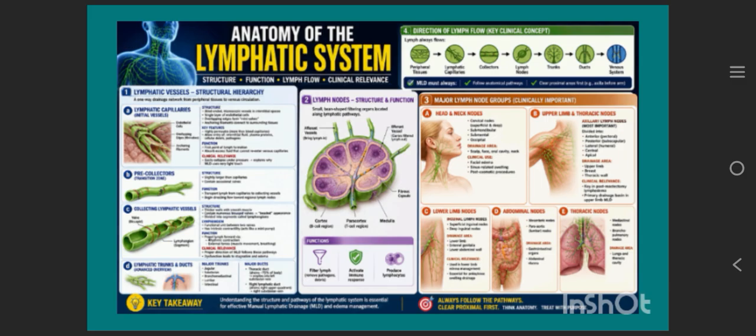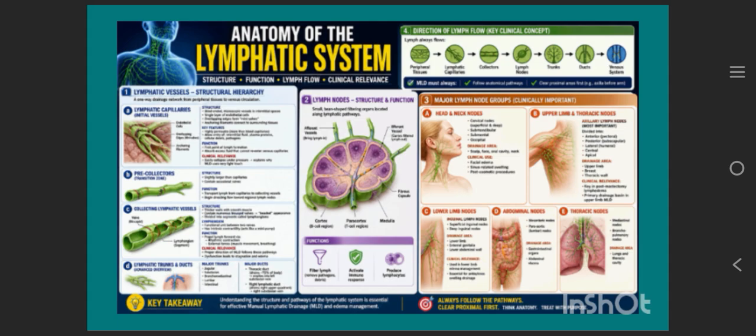Our next topic is major lymph node groups, which is very clinically important. Understanding these groups is critical for MLD direction and drainage planning. Firstly, head and neck nodes: cervical nodes, superficial and deep, including submandibular, submental and occipital.